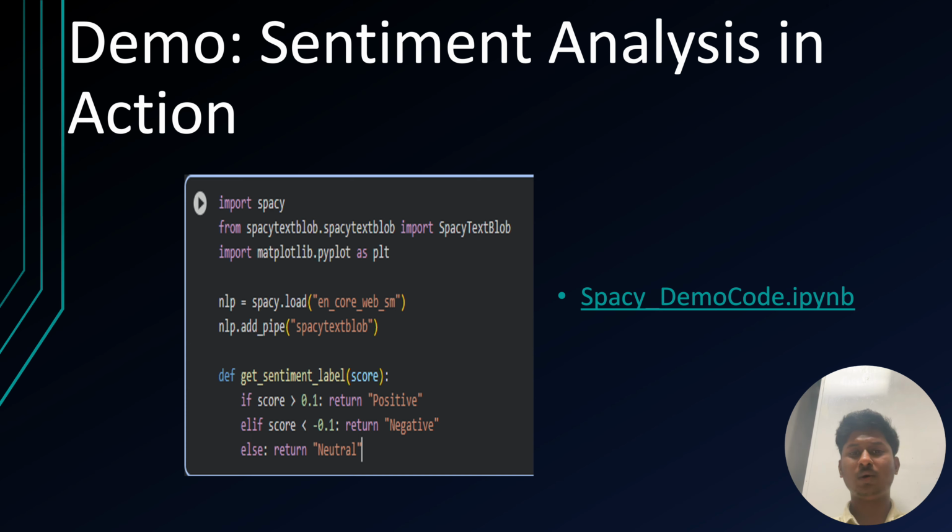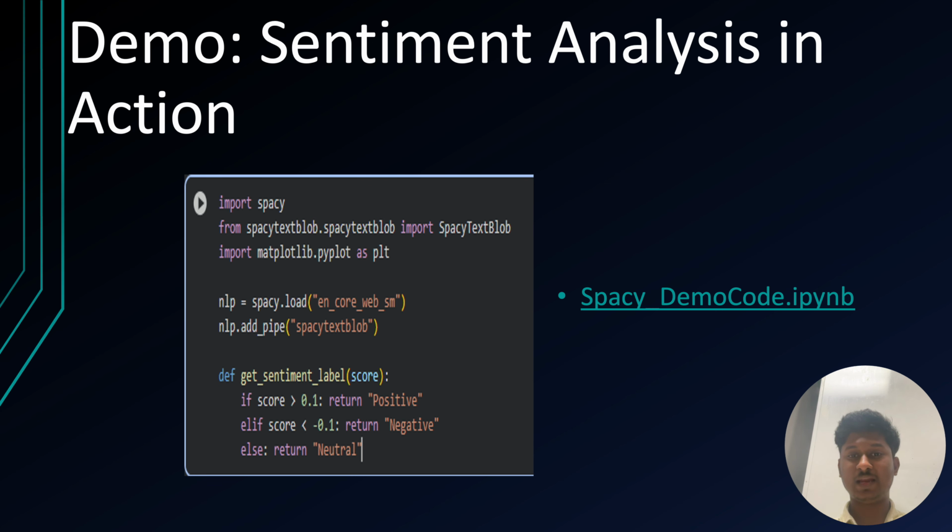I started by loading SpaCy and its web small model, which is en_core_web_sm, and adding the spaCyTextBlob component to the NLP pipeline. This extension enables SpaCy to compute sentiment polarity scores for each sentence.